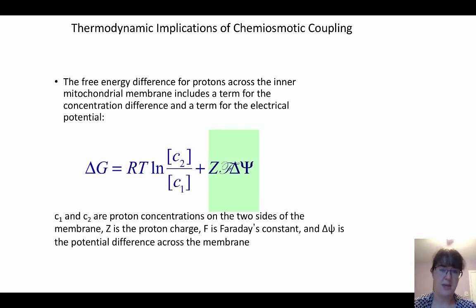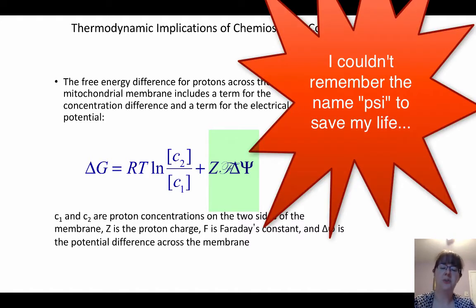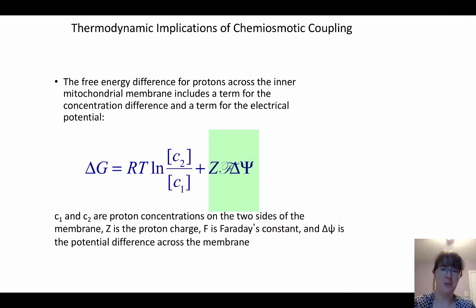The other term includes the delta for the potential difference across the membrane. So not only does the concentration matter, but also that electrical potential difference is going to play a major factor, which is why you also see that cursive F for Faraday's constant, as well as Z for the charge of the proton.